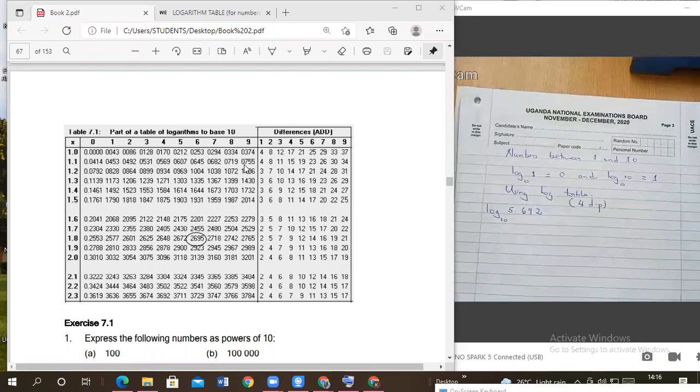The number must be to 3 decimal places. If it is more than 3 decimal places, you read part by part.